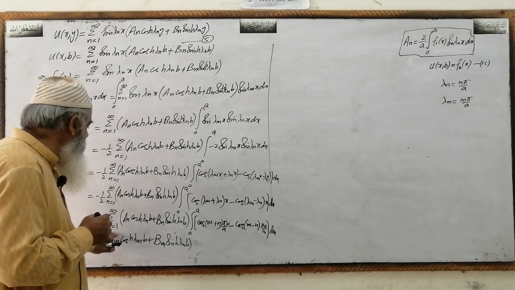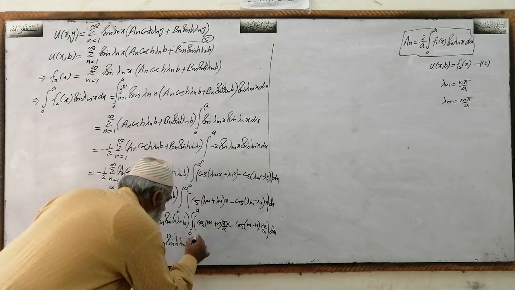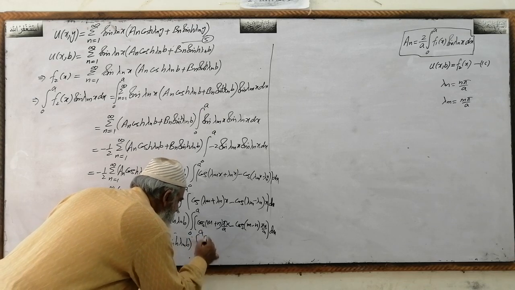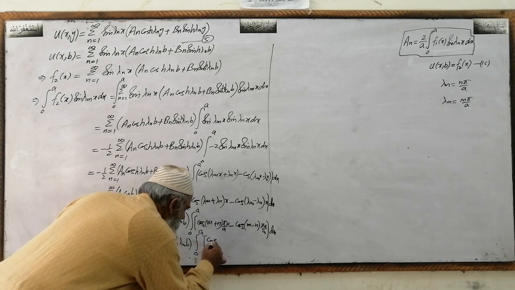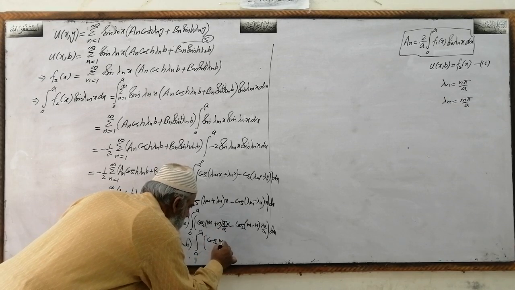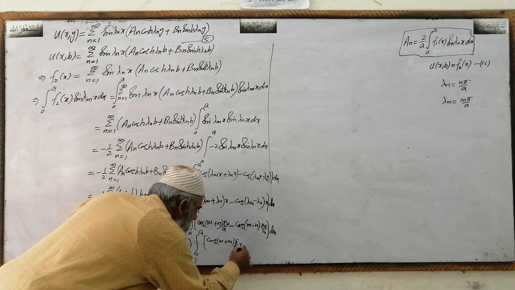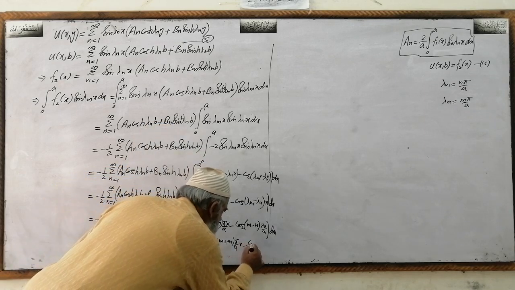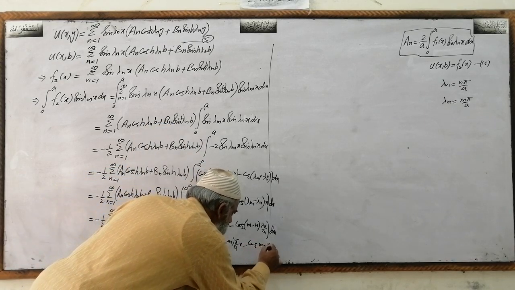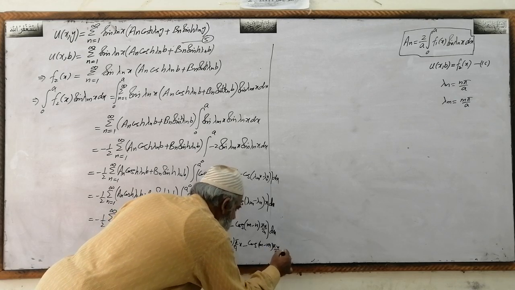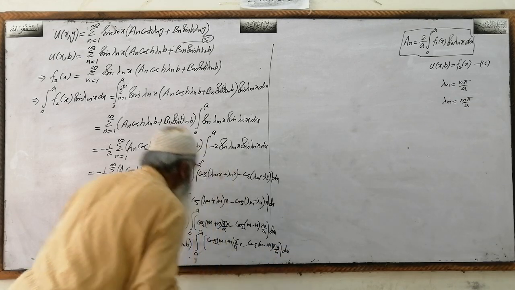This summation will be removed, and on the inner side of the integral we have cos (m plus m) pi over a x minus cos (m minus m) pi x over a dx.